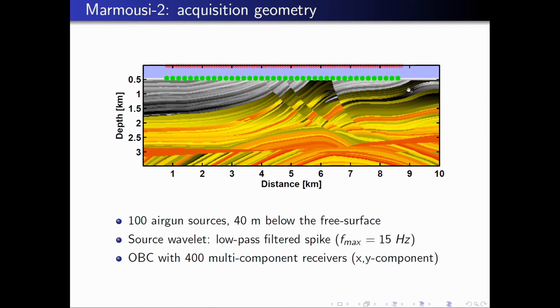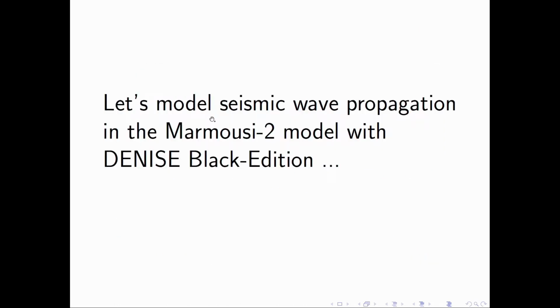So it's a simple OBC cable which is recording both components, a vertical component in y direction and a horizontal component in x direction. Okay, now we have defined the model and the acquisition geometry, so let's start modeling the seismic wave propagation in the Marmousi-2 model with Denise Black Edition.